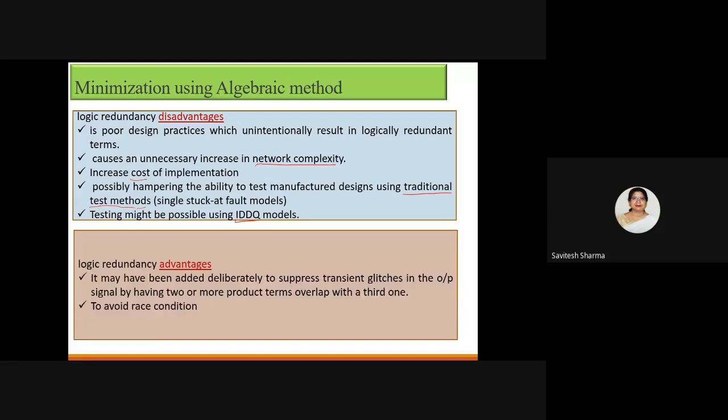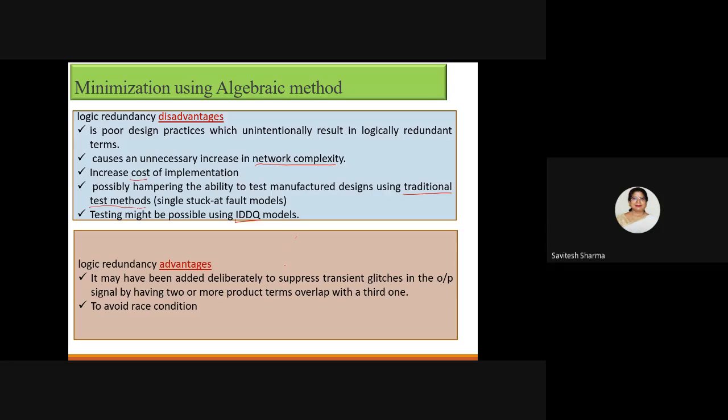What is the advantage? Sometimes we intentionally introduce redundant terms. As I said, redundant terms are useless in the static state. But in the transient state, some glitches may be there. Glitches mean a short pulse.